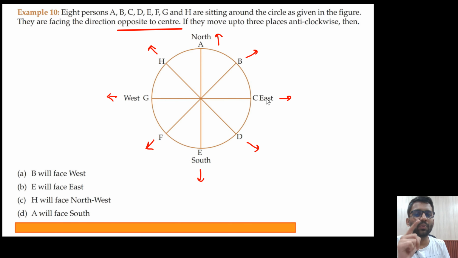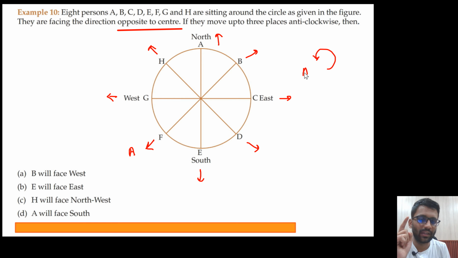If they move up to 3 places anti-clockwise, up to 3 places. If A comes here, it has moved 1 place. If A comes here, it has moved 2 places. If A comes here, that means it has moved 3 places. So A will come here. Now H will come here. Anti-clockwise we are rotating.